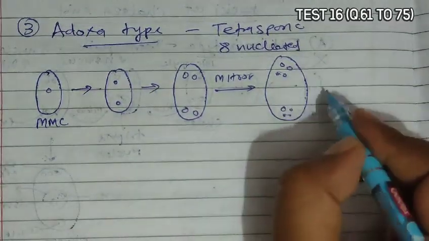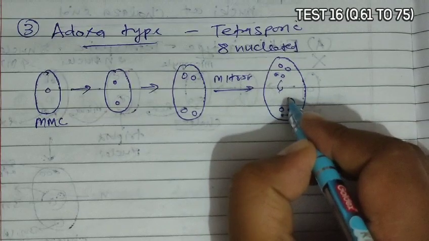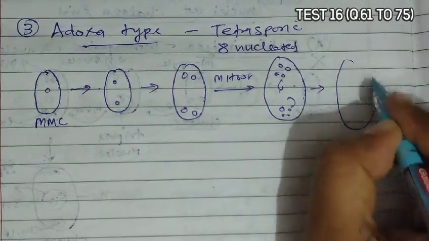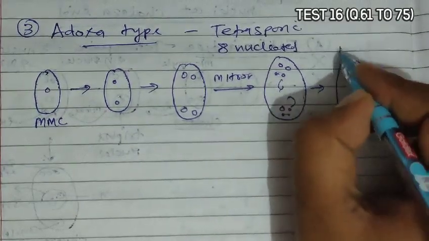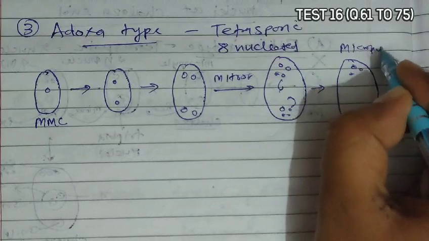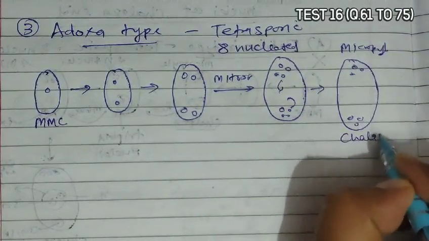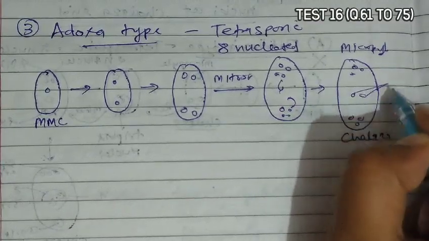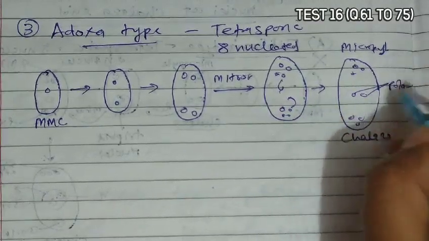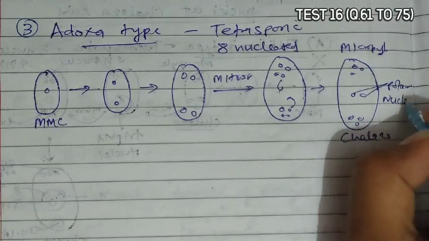Out of 8, again 1 will reach to the center, so 3 nuclei remain at the micropyle end, 3 nuclei remain at the chalaza end, and 2 nuclei remain at the center. They are the polar nuclei.